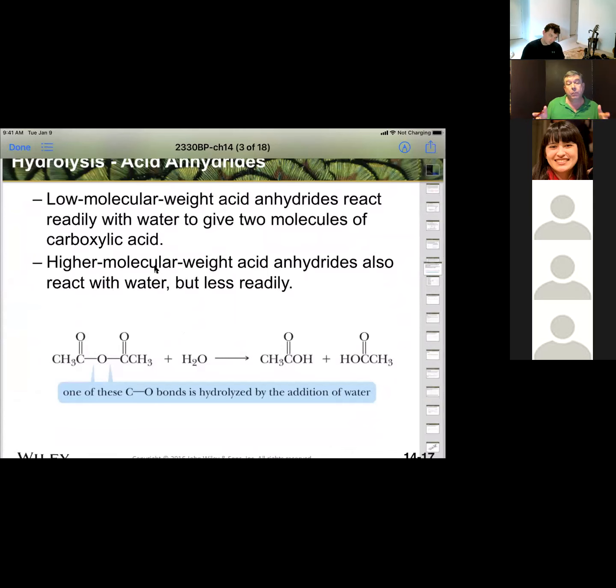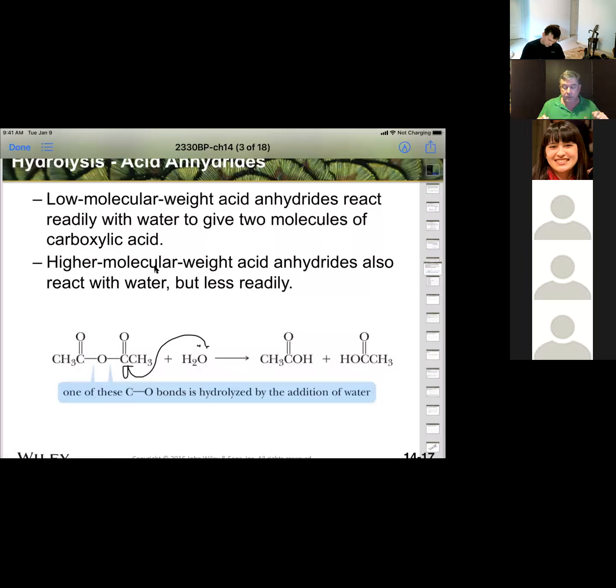Low molecular weight anhydrides react very readily with water to give 2 equivalents of carboxylic acid. The higher ones take a little bit slower, but again, because they're less soluble in water. So the same thing is going to happen: you have water acting as a nucleophile. It's going to give us our tetrahedral intermediate, and then the weakest base, in this case the acetate ion, is going to leave, and then it transfers the proton from the hydronium back to the carboxylic acid, giving us our final product, our carboxylic acid.